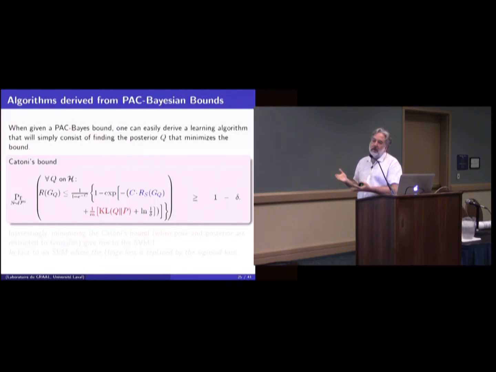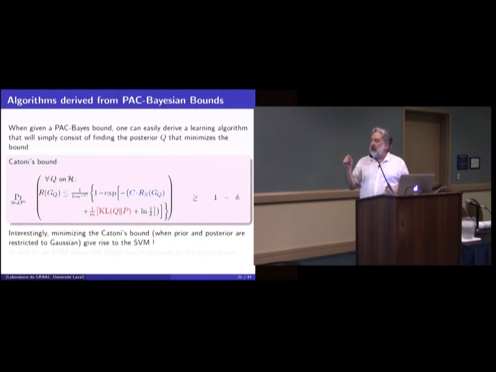So minimizing the bound is minimizing this trade-off. It's quite obvious that it should be interesting to do. And of course, C will become a hyperparameter of your algorithm since you cannot really decide which is the best C depending on the data on which you will do it.